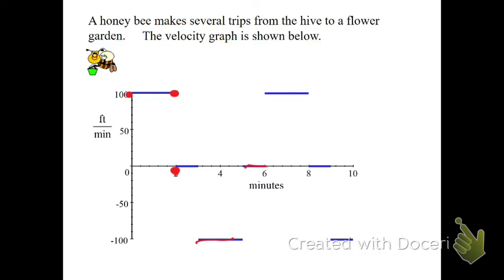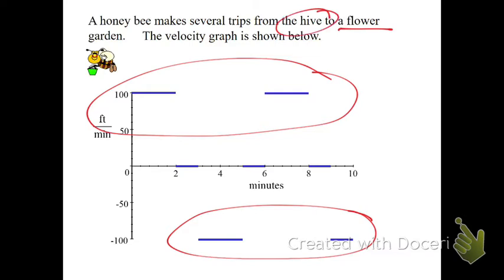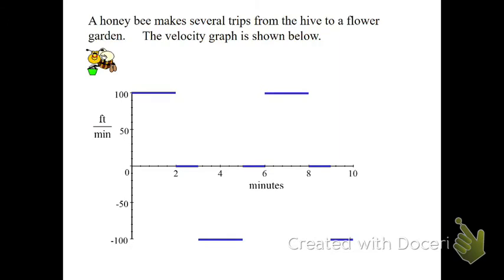So what's going on in this picture? Remember, if this is velocity, then all of this is positive. That's going right, typically. But in this case, that would be him going to the flower. If this is velocity and this is negative, that would typically mean going left. But in this case, it would mean going back to the hive. So this bee is traveling 100 feet per minute to the flower, stops, collects the honey.